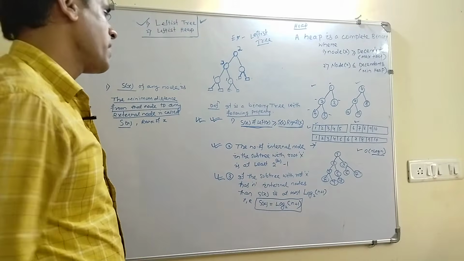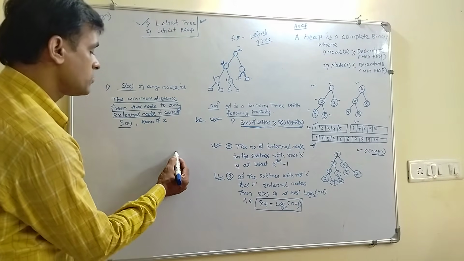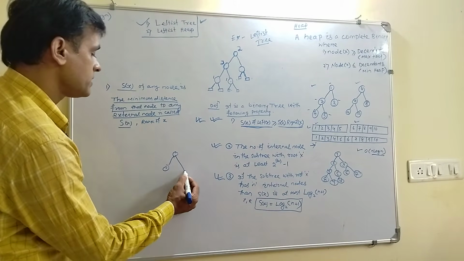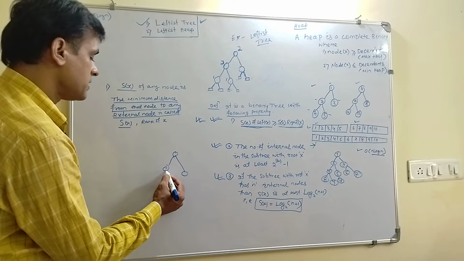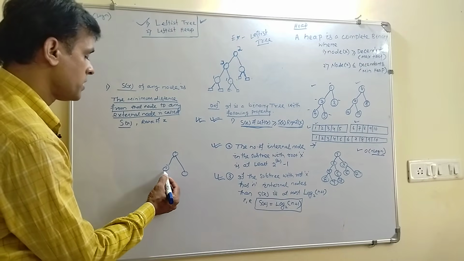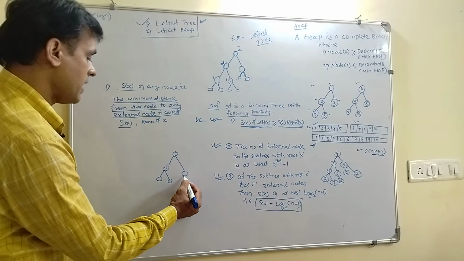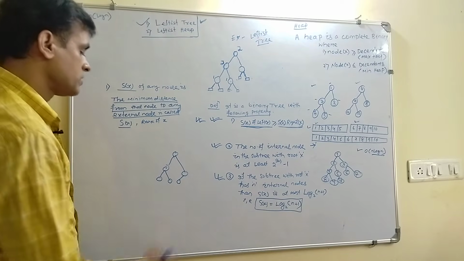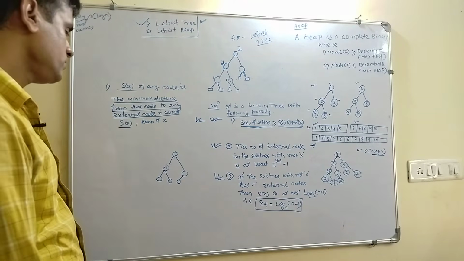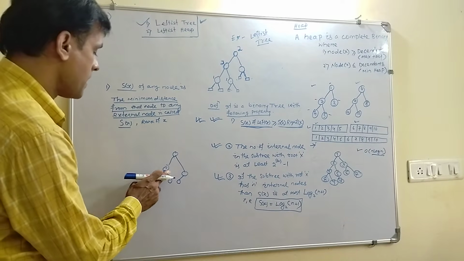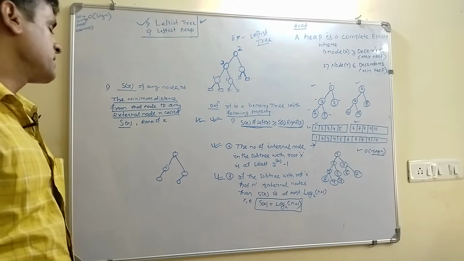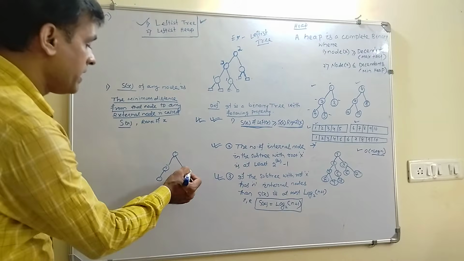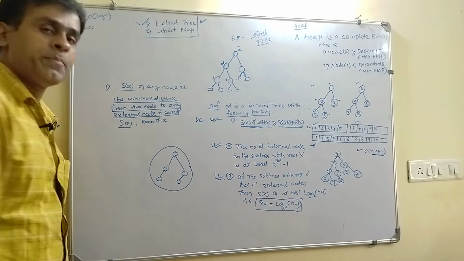How could I give? I will give you an example. Suppose this is one of my nodes, this is another node, this is another node, and this is another node, and here suppose this is another node. If I represent it like this, now you tell me whether it is a leftiest tree.